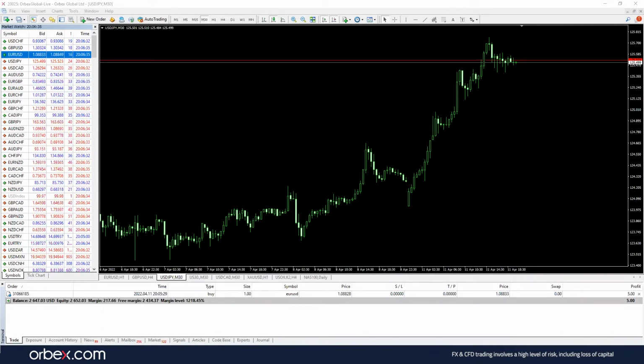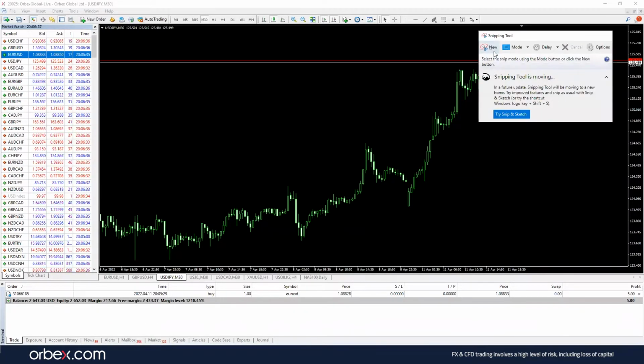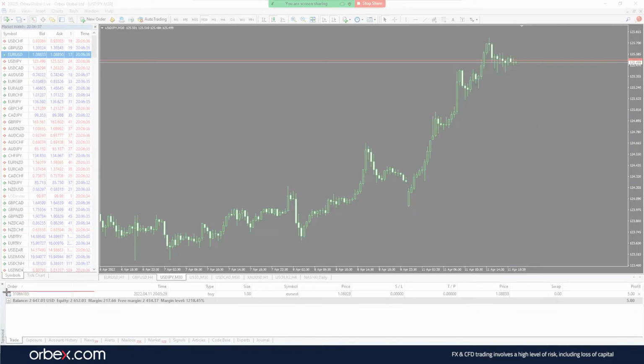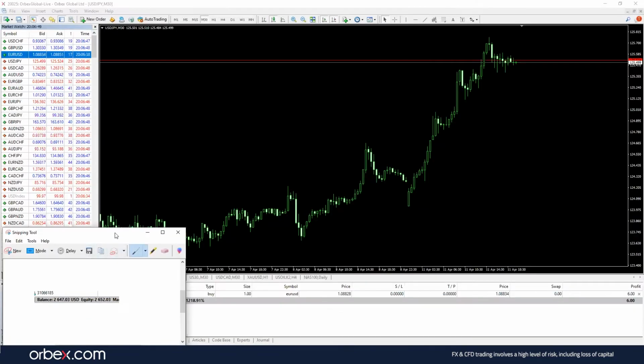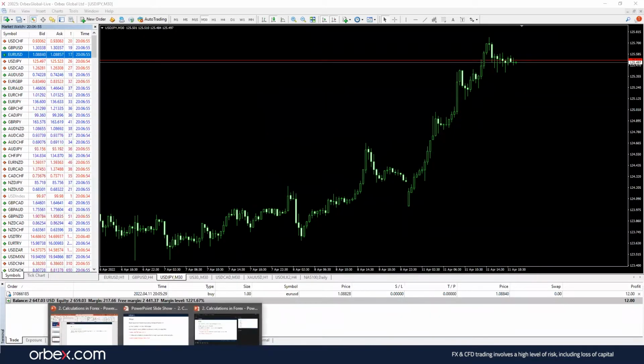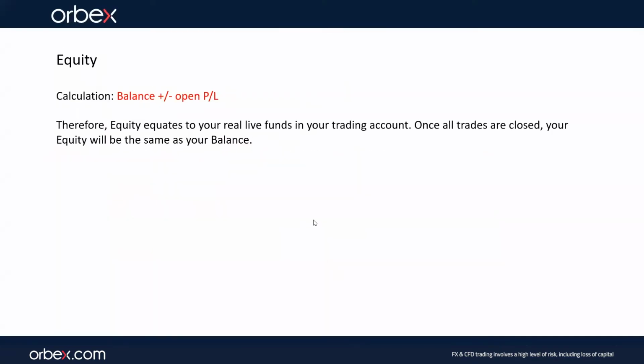But if we freeze the picture so it's easy to see, it's 2647.03 and 2652.03, and the difference between those two amounts is basically $5, which is what my open P&L was at the time. So this is how the equity is calculated.